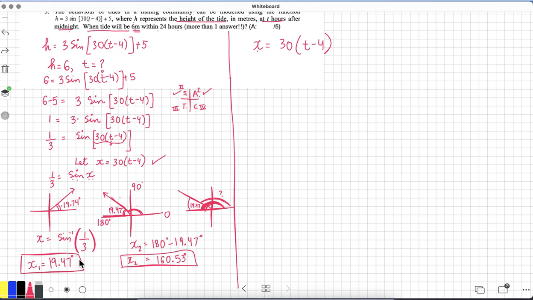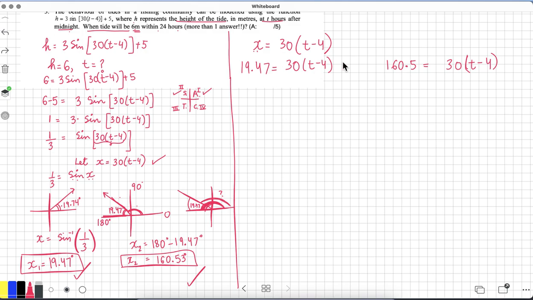We know the x value. First we got 19.47, so this stays the same. But using the same formula, we also have the x 160.53. So replace the x with 160.53, equals 30 brackets t minus 4.